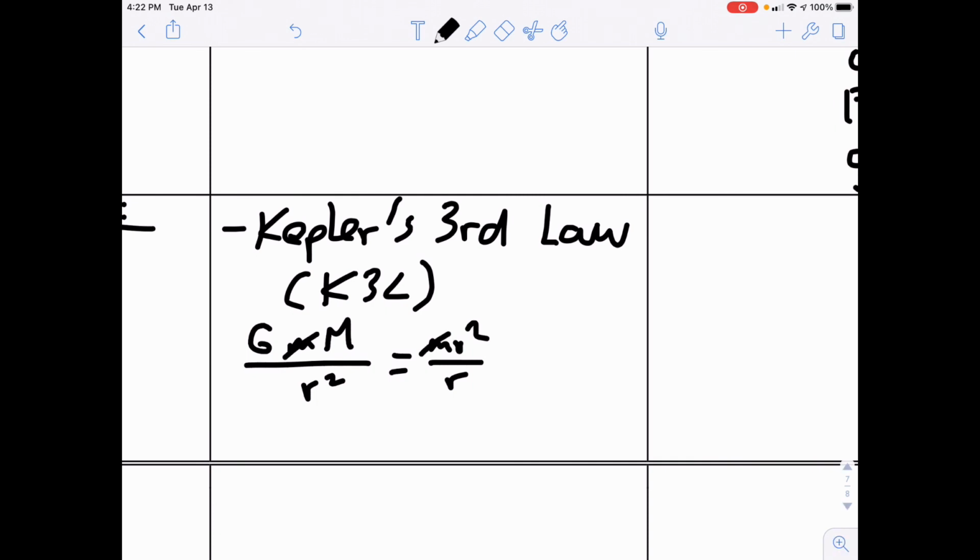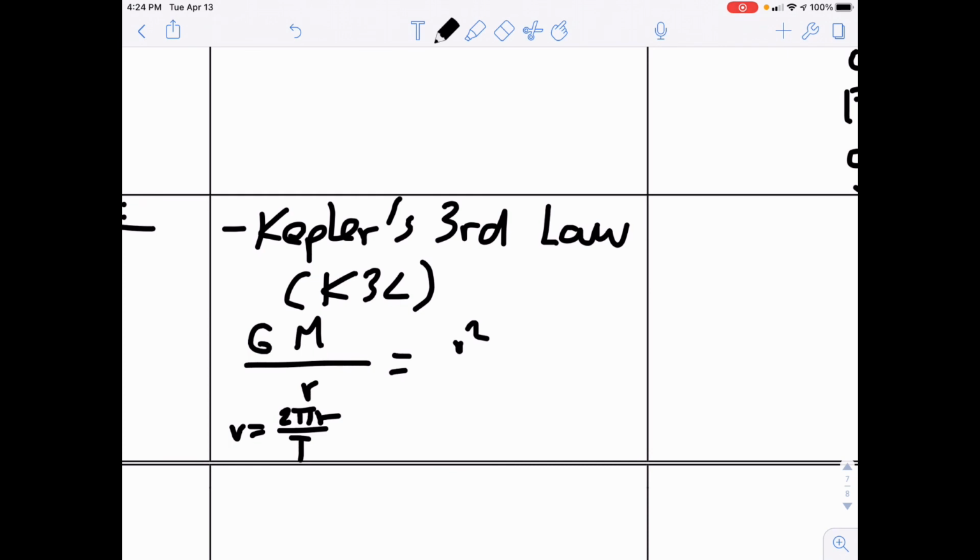You can see a few things cancel. And so we're left with Gm over r equals v squared. Now, you might recall that v for uniform circular motion is equal to 2 pi r over the period t.